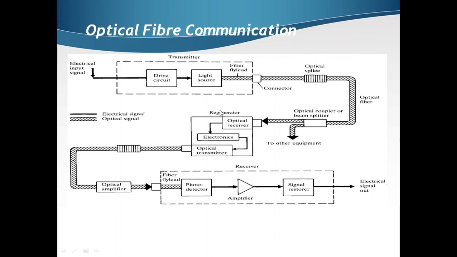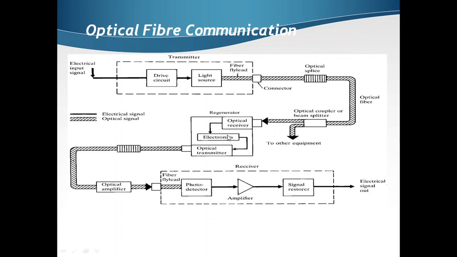Now what does the regenerator consist of? It consists of an optical receiver. The optical receiver receives the electromagnetic waves, converts them into an electrical signal and gives it to the electronic circuit. The electronic circuit does the work of amplifying the signal and removing any sort of noise from it.